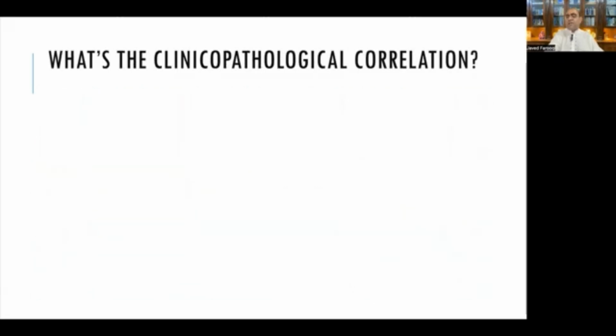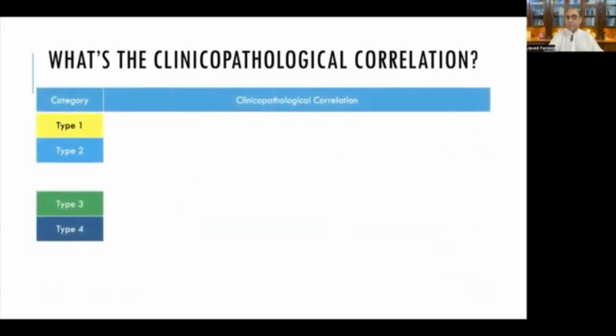What is the clinico-pathological correlation? How do these types correlate clinically? So there will be the category type 1, type 2, type 3, type 4. And here we shall see the clinico-pathological correlation. Type 1 is known to be non-progressive, a sort of benign disease.